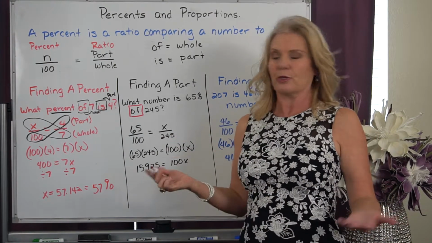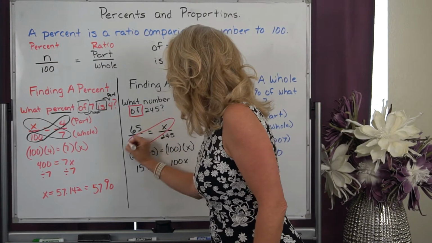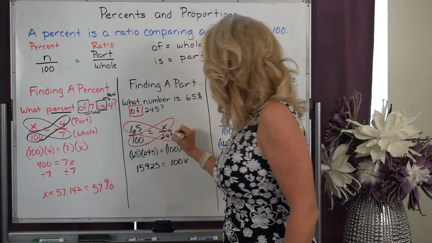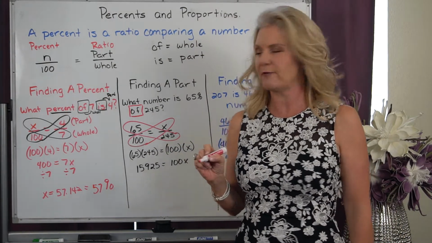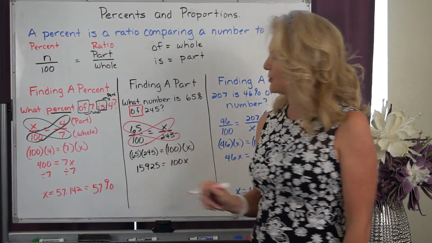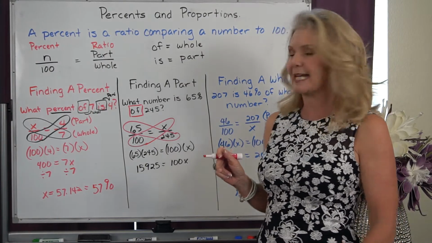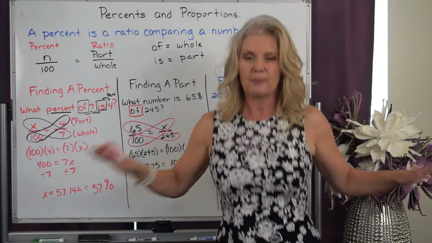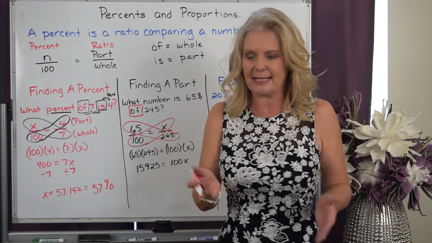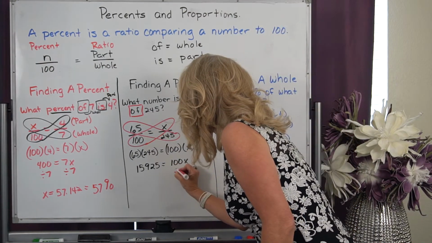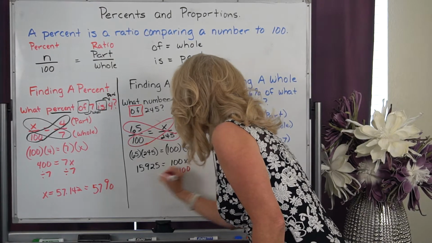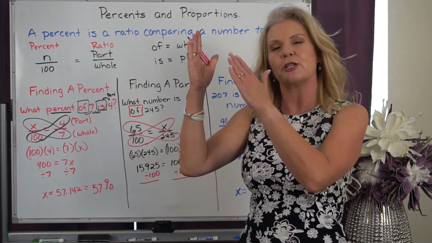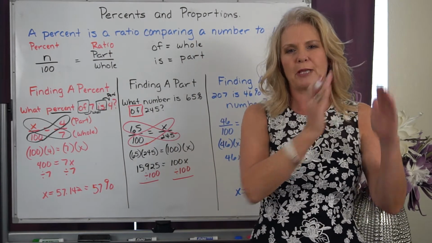So again, we're going to use our cross products to multiply. So 100 times x is equal to 65 times 245. When you multiply those two together, you get 15,925 equals 100x, but I'm not done yet because remember, I need to find x. So I'm going to divide both sides by 100. And it's so easy to divide by 100 because remember, it's just moving that decimal point 2 places over.